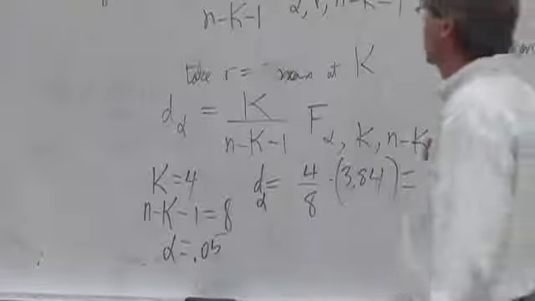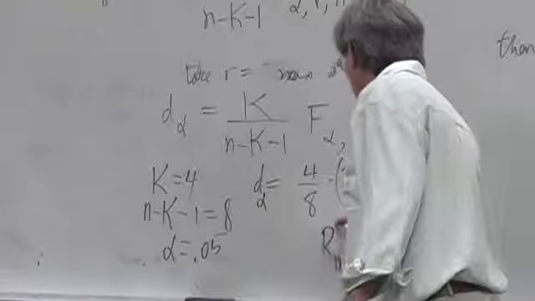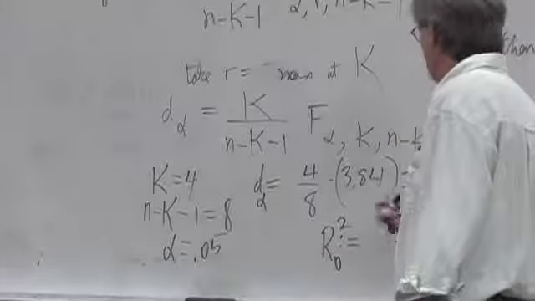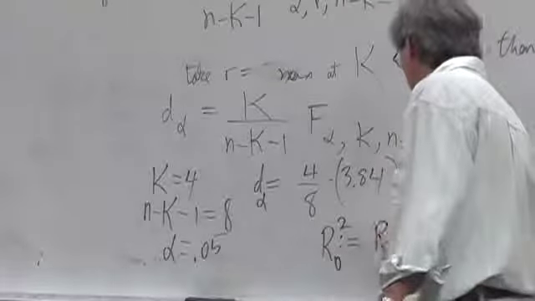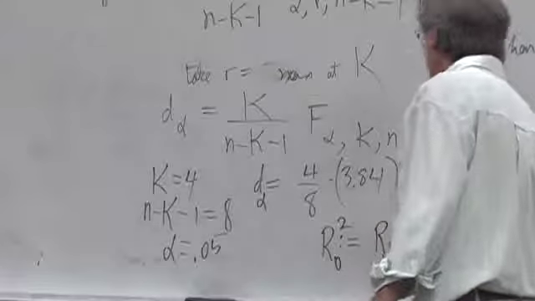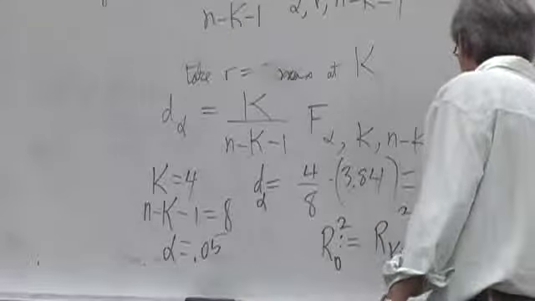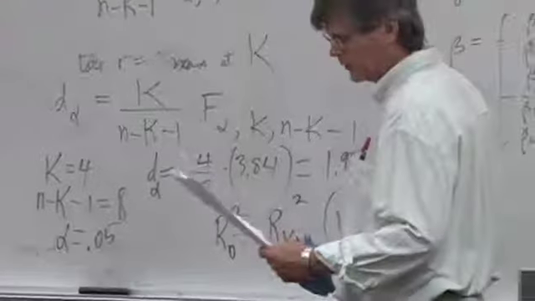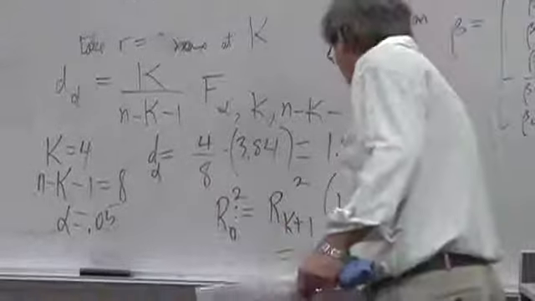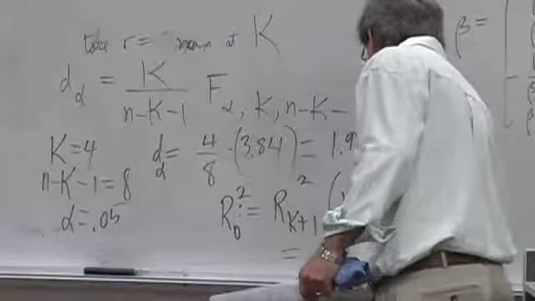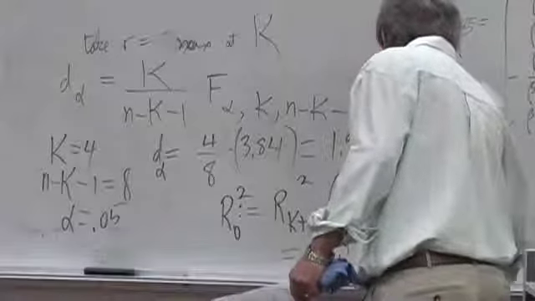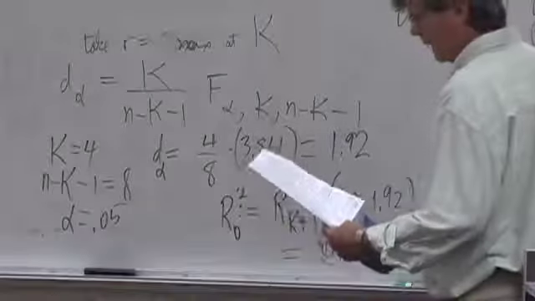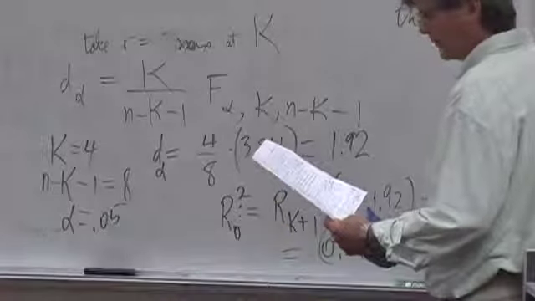So I'm going to put R naught squared, therefore, equal to, this is going to be my minimal R squared, R_{K+1} squared times 1 plus 1.92 minus 1.92, which is equal to, R_{K+1} squared was my 0.98238 times 2.92 minus 1.92, and I get a number, 0.948.